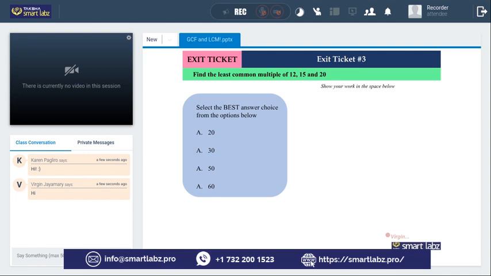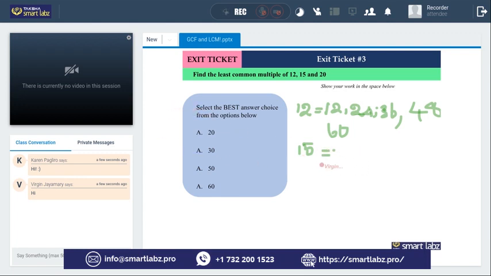Thank you. This is least common multiple, so it's 12, 15, and 20. 12. Six. 8. Very good. 15. 30.